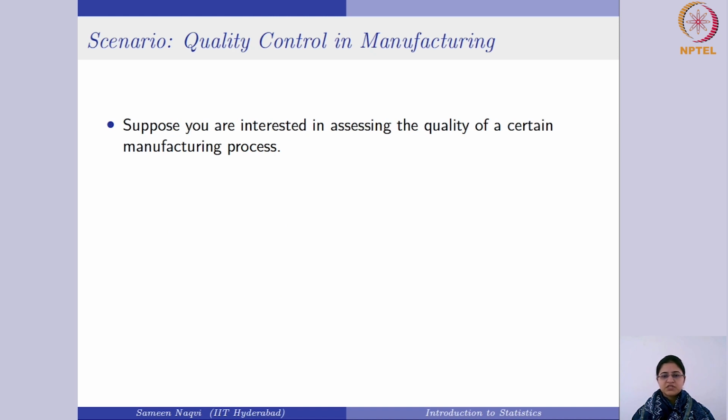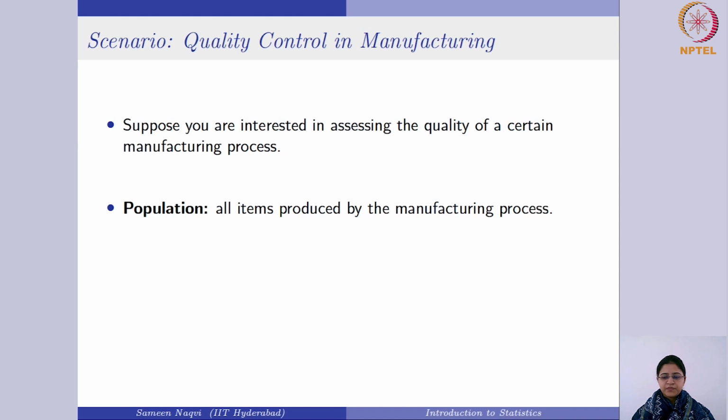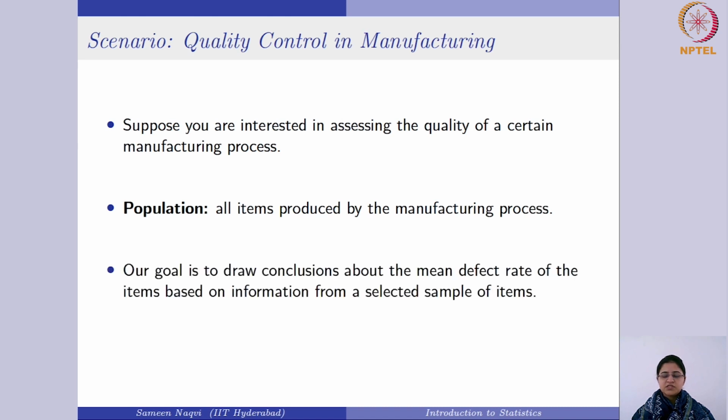Suppose you are interested in assessing the quality of a certain manufacturing process. In this case, the population would be all the items which are manufactured there. And since you cannot obtain data from each and every item, suppose if you are interested in the mean defect rate, you cannot go and check each and every item.